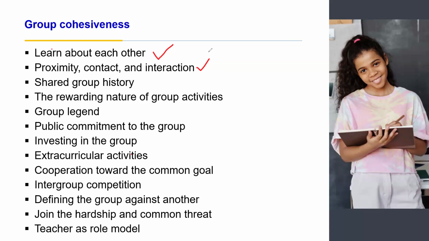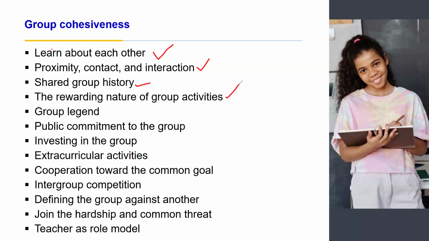The next one is about seeing the group history. This helps students see what they have, what they have learned from the group, or what the success of the group is. And the next one is the rewarding nature of group activity.